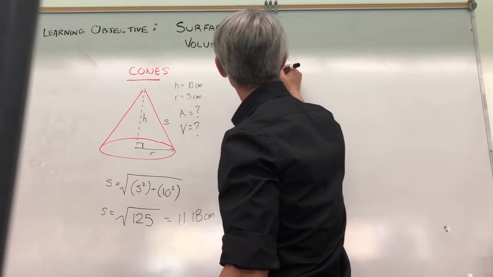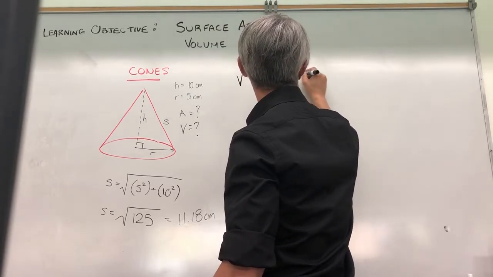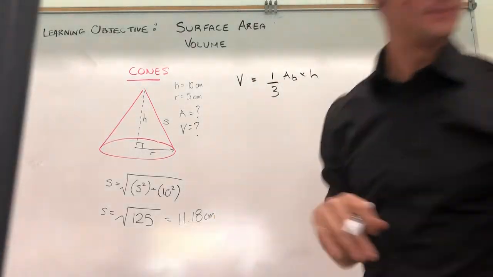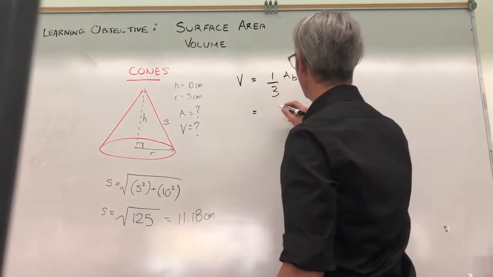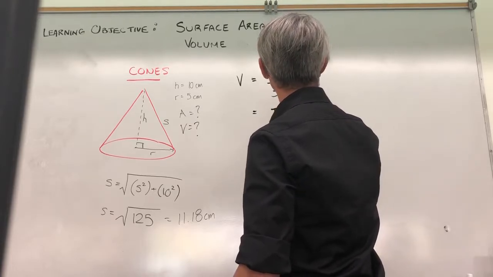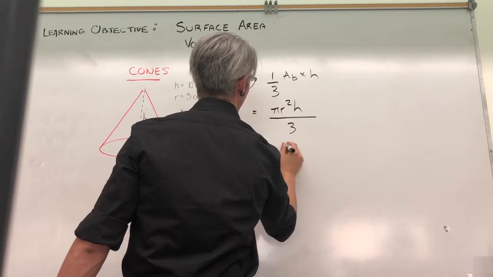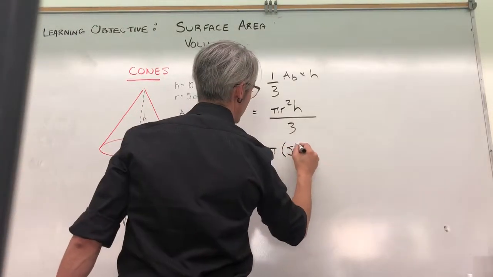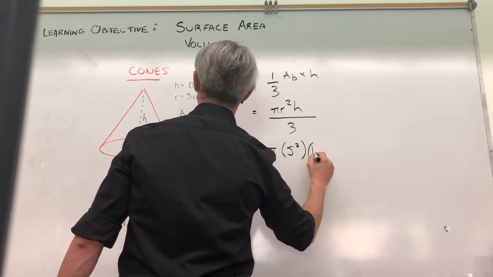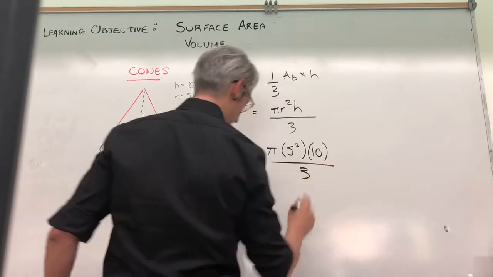And volume is equal to, we said, 1 over 3 times the area of the base times the height. Is that right? Yeah, that's right. So that's easy. We know the area of the base is pi r squared times height divided by 3. Just plug in what we know. Pi times r, which is 5, squared, height is 10, all divided by 3.